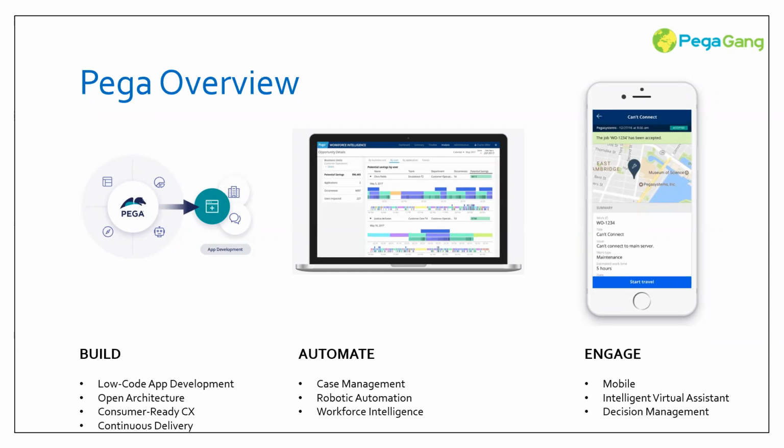And the workforce intelligence comes into the picture when you are entitled to assign some work to some person, and you can effectively handle that workforce allocation of the work, and handling the work using workforce intelligence. And engagement is another feature where you can engage the Pega application between the IT team, business team, and the stakeholders through mobile.